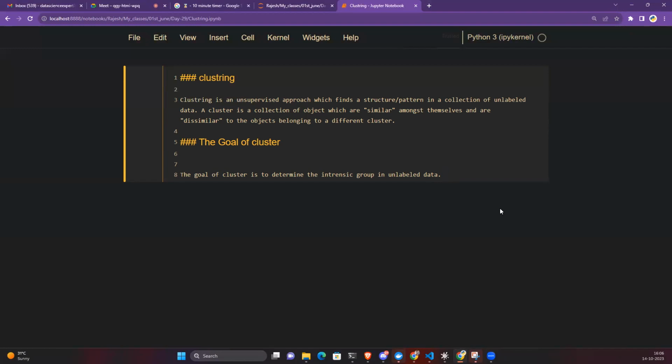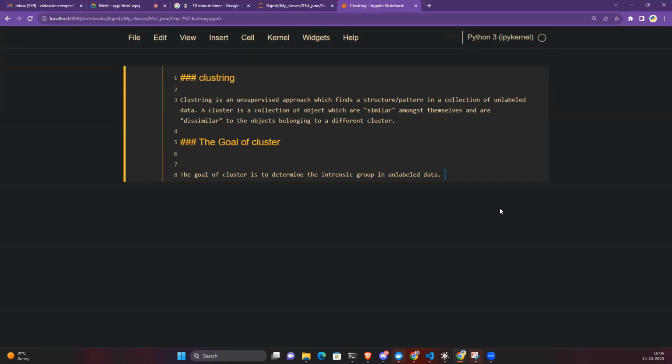Now just try to understand how you can say your cluster is very good or bad. Let's suppose you have created two clusters, and I wanted to examine whether this cluster is good or bad. I can say very easily, a good cluster is one where the difference between these two clusters should be very high.